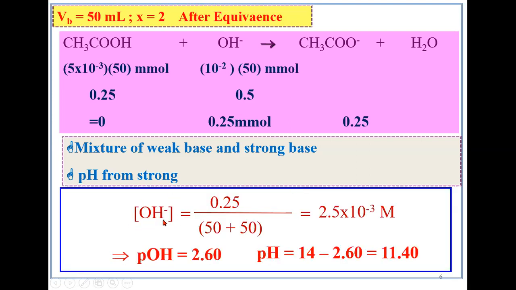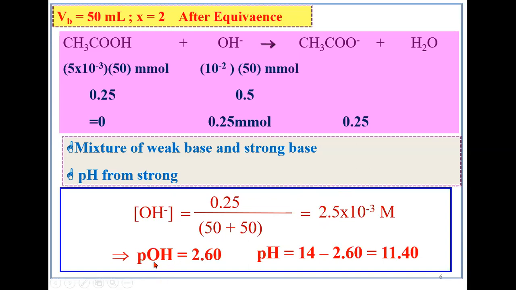You do need the concentration. You have to get the new concentration, which has been diluted. We got the number of millimoles, that's 0.25 millimoles. You have to divide that by the total volume, which is 50 mL of the acid plus the 50 mL of the base added. And that gives you this concentration of excess OH minus in my solution, which will determine the pH.